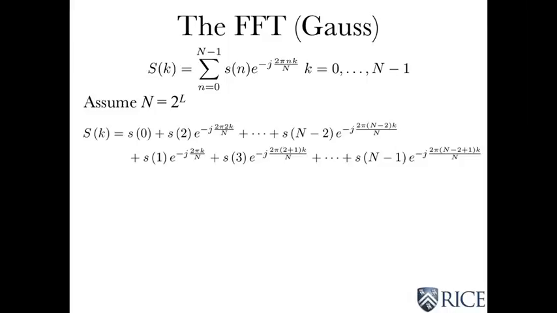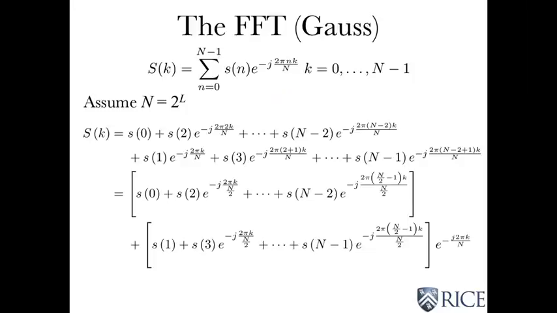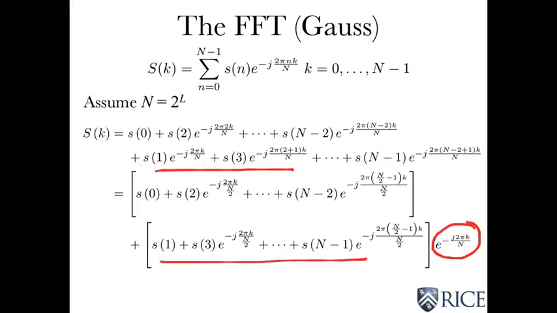What Gauss did was he separated this sum into a sum of the even numbered terms and a sum of the odd numbered terms. So he hasn't changed any kind of computational complexity at all, but he's a mathematician. He's going to play with the formulas a little bit. He noticed he could write them more succinctly in the following way, and so he pulls a phase factor out of the expression for the odd numbered terms.